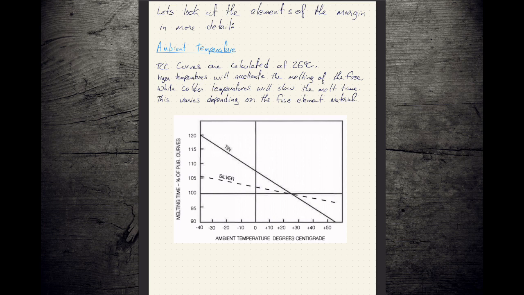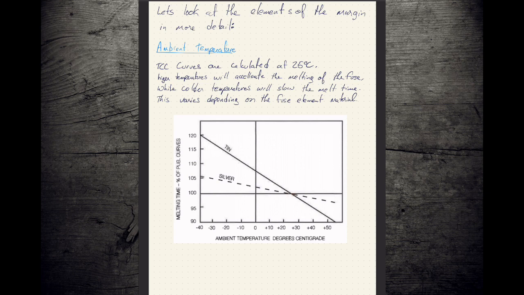And we can see that this affects the tin elements, or a fuse with a tin element, quite dramatically, right? By the time we drop to minus 40, that tin element's going to be 20% slow compared to its base condition at 25 degrees Celsius.